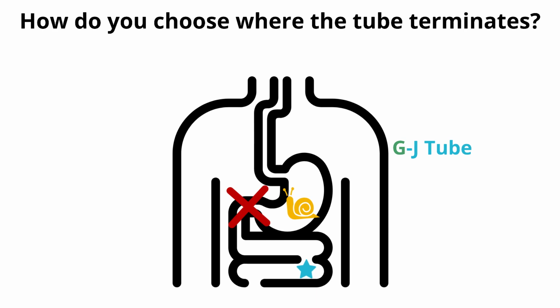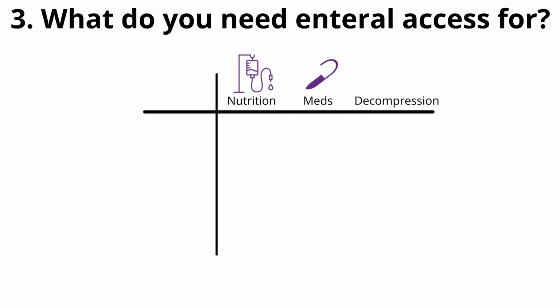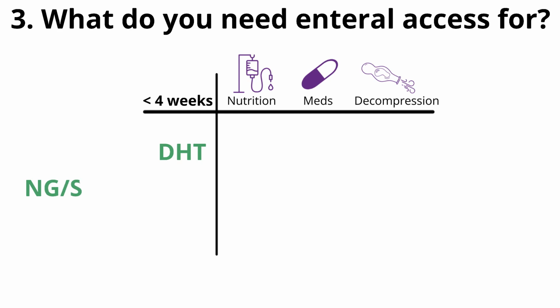And last but not least, the third factor to consider. What do we need enteral access for? Do we need it for nutrition, medications, decompression, or all of the above? Let's take a look at our short-term access options first. Remember, our short-term options are the Dobhoff tube, the NG tube, or the NJ tube. Great news, all temporary access options are compatible with tube feeds.